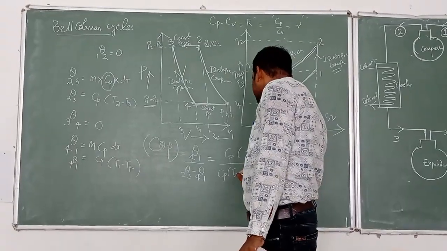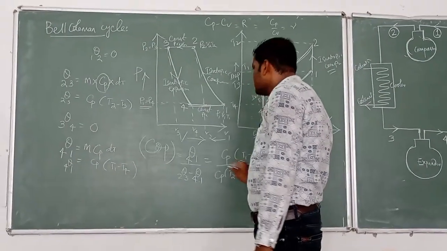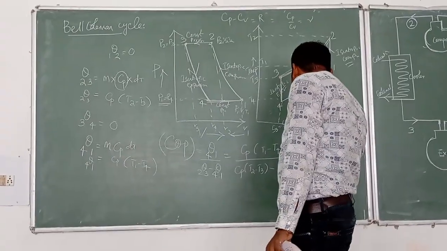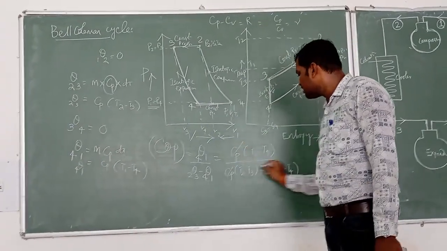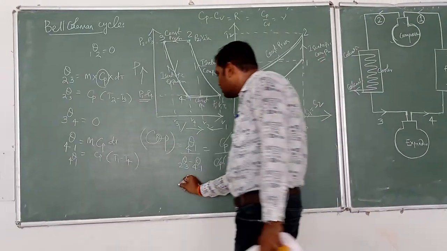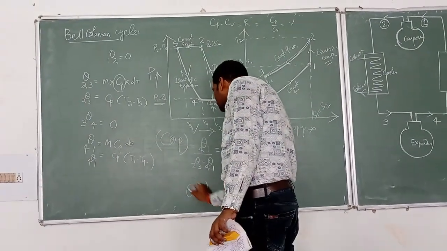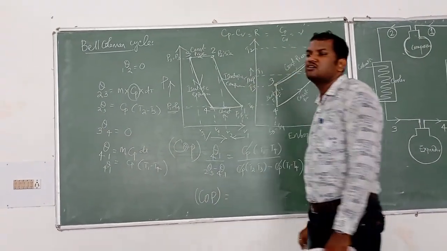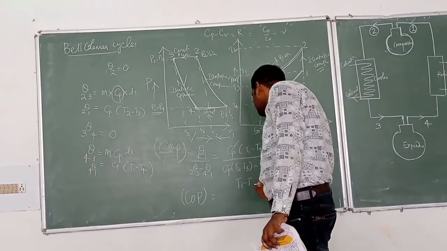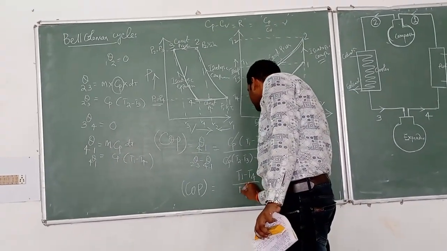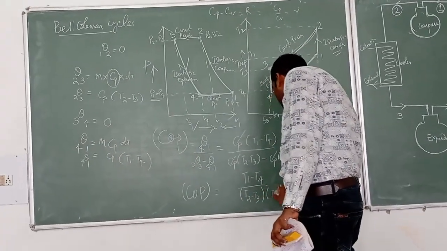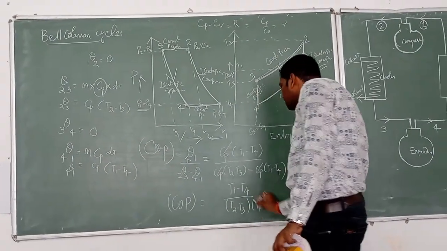Cp into (T2 minus T3) minus Cp into (T1 minus T4). Cp cancels out, so finally the COP of a Bell-Coleman cycle, or reverse Brayton cycle, or reverse Joule cycle, is equal to (T1 minus T4) divided by [(T2 minus T3) minus (T1 minus T4)].